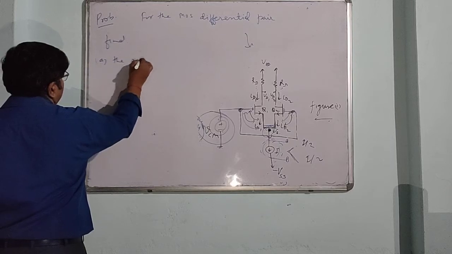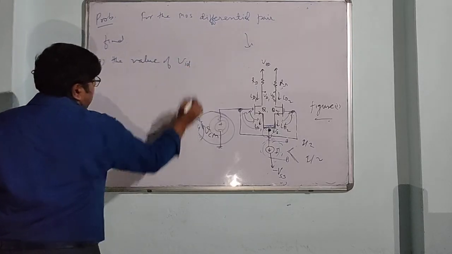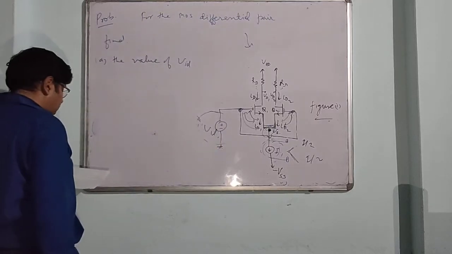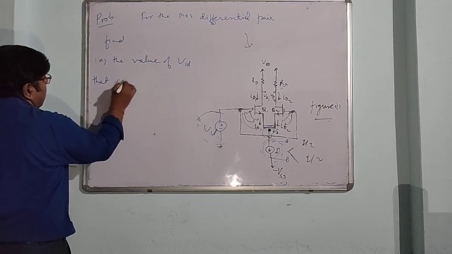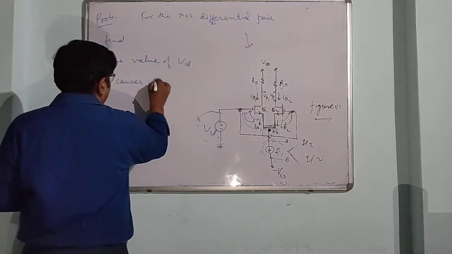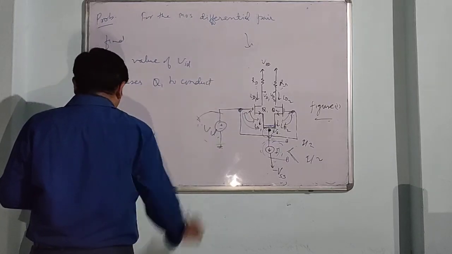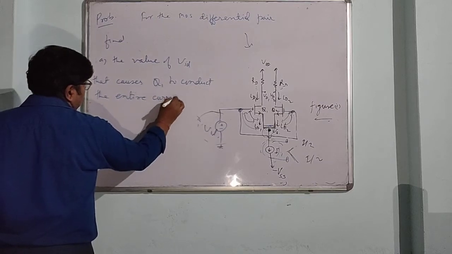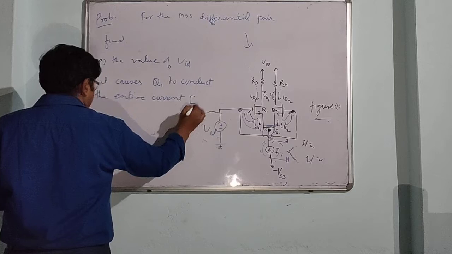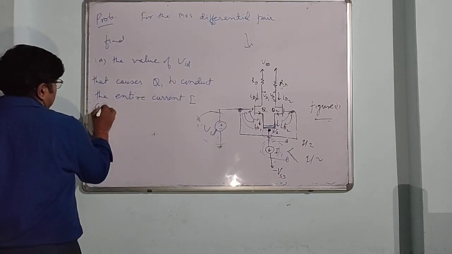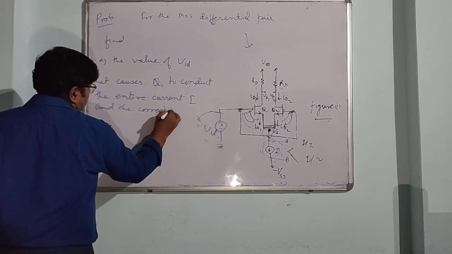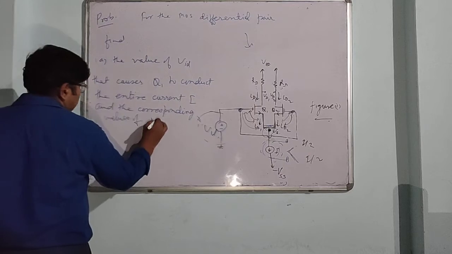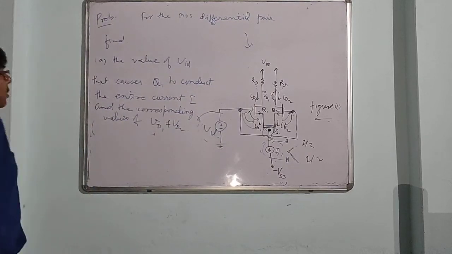Now we are applying a differential input VID that causes Q1 to conduct the entire current I, and find the corresponding values of VD1 and VD2. So this is the first part.